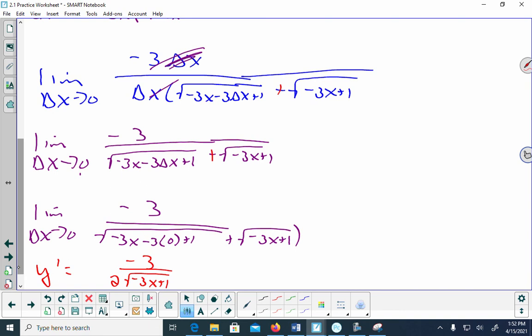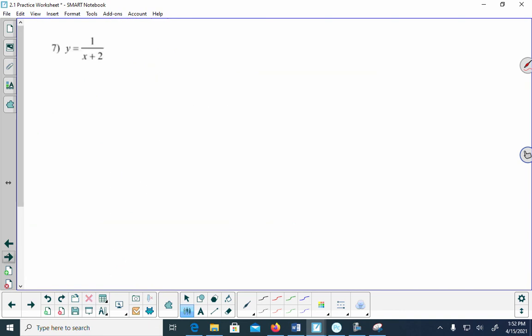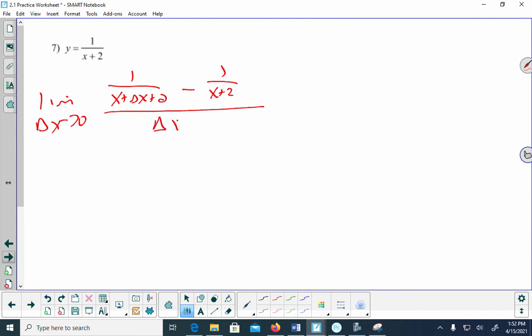And let's do, next one is I have a rational function, which is okay. So I'm going to do the limit as delta x approaches 0. We did all these when we were doing limits, so you should be familiar with these. So I'm going to take 1 over x plus delta x plus 2 minus 1 over x plus 2. And this whole thing is over delta x.